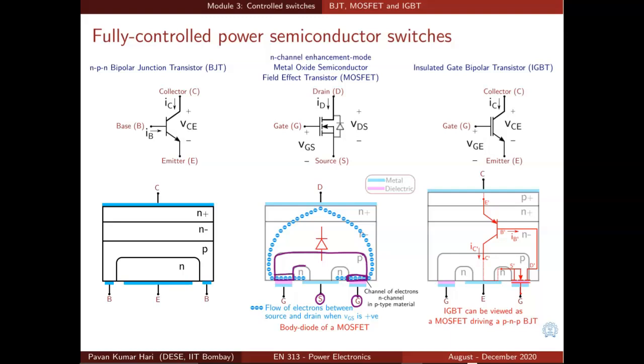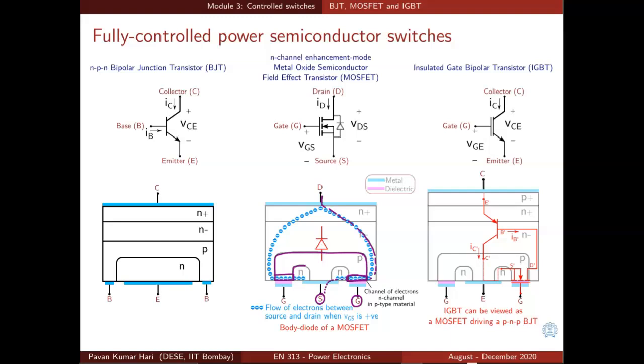So as long as VGS is positive, there is a channel through which electrons can flow. So electrons can start flowing from source to drain as shown.